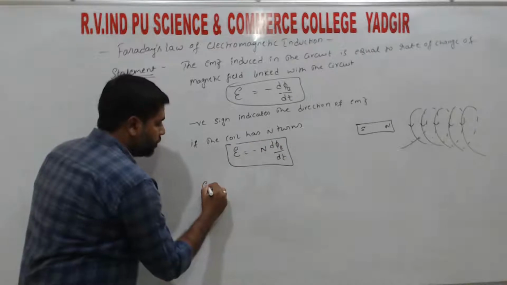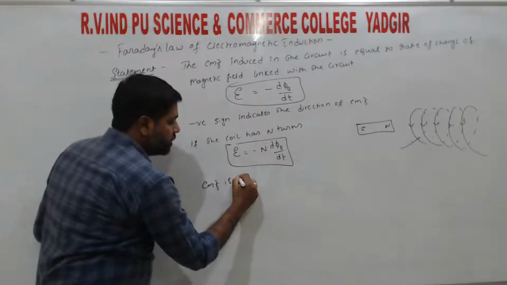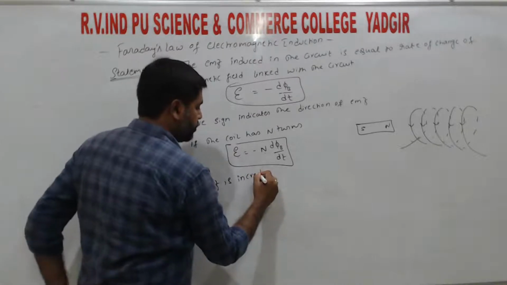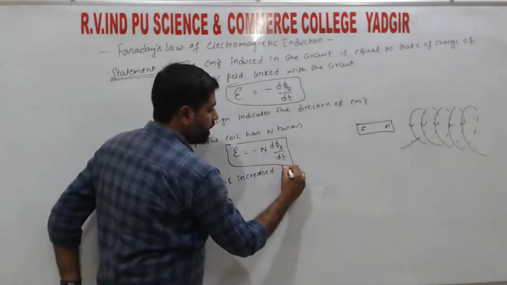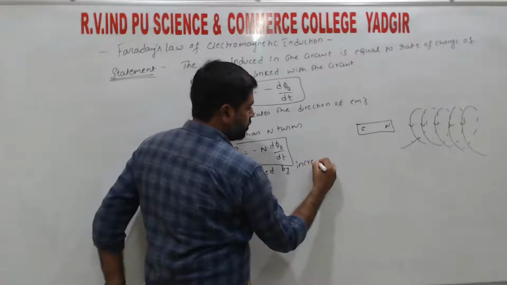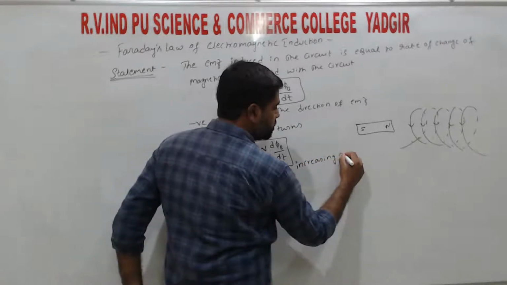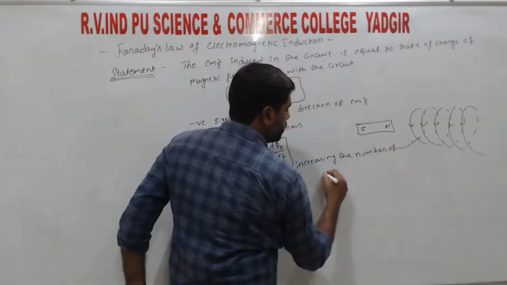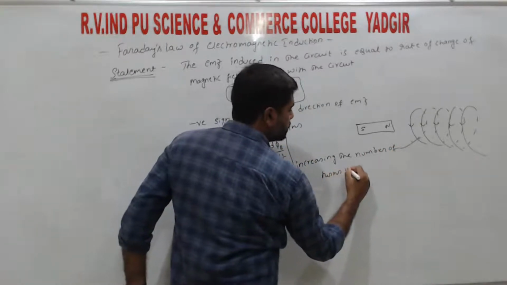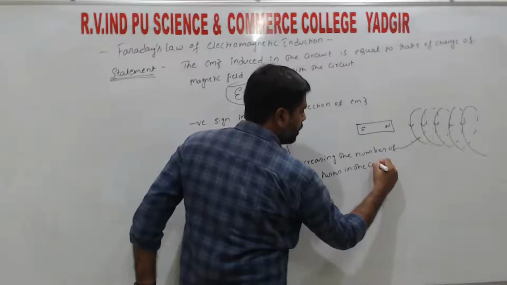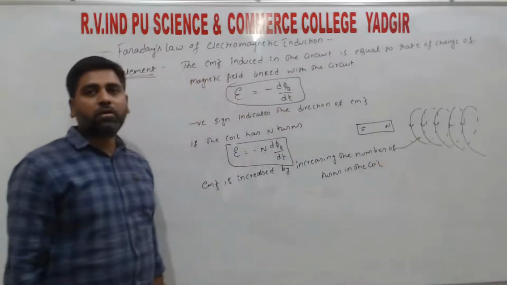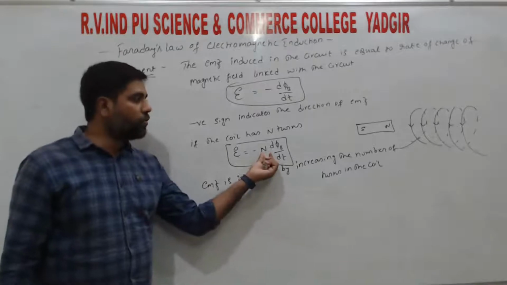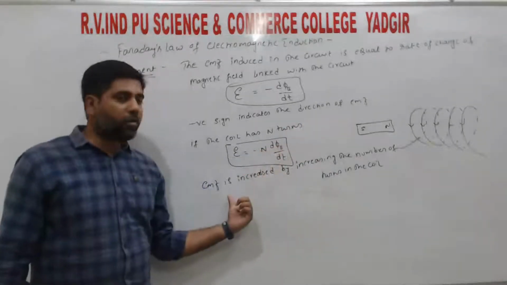So EMF is increased by increasing the number of turns in the coil, right? So this one is the first case. So we can increase the EMF by increasing the number of turns.